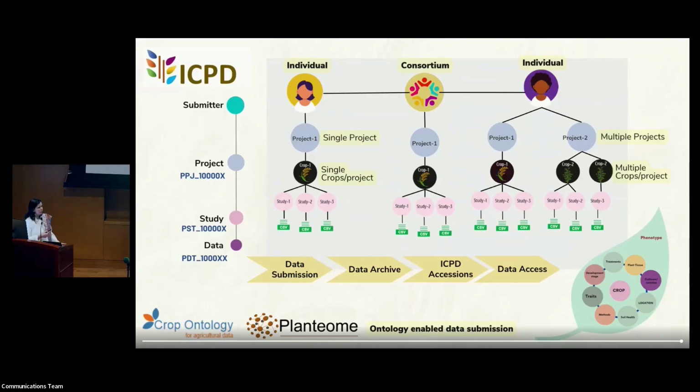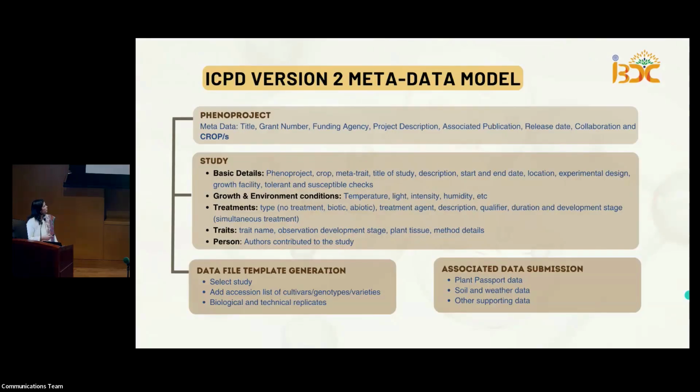Whenever a submitter submits, he will get accessions for the project, studies, and data files. He submits, data is archived, ICPD accessions are granted, and the data is accessible to the research community. Then we use Crop Ontology and Planteome ontologies to enable the data submission platform.